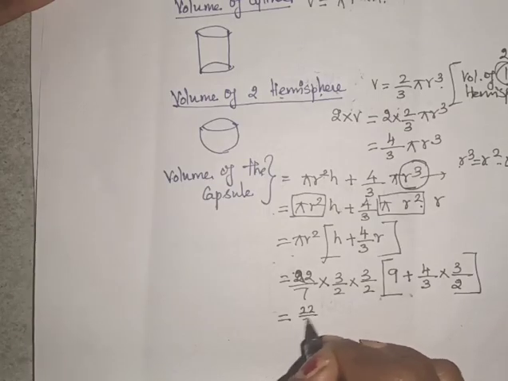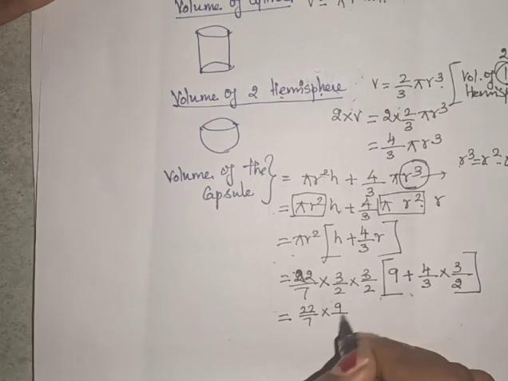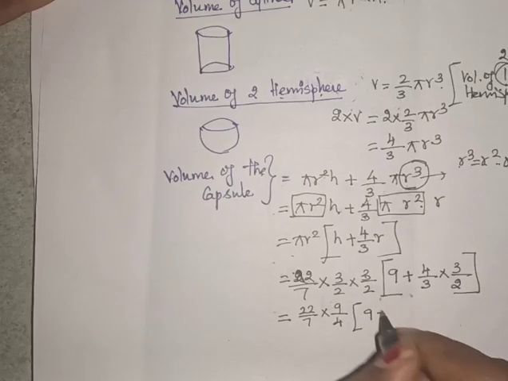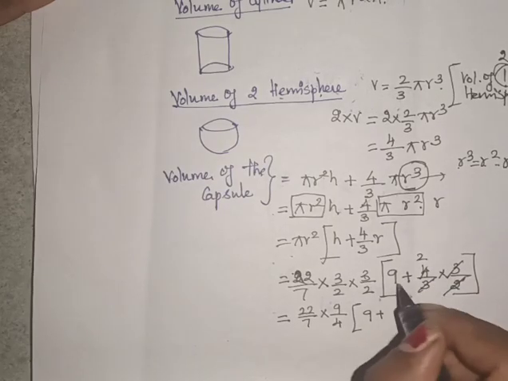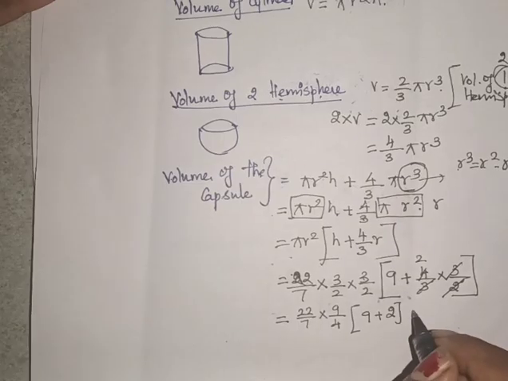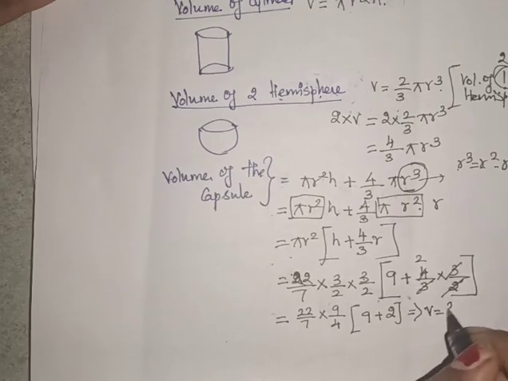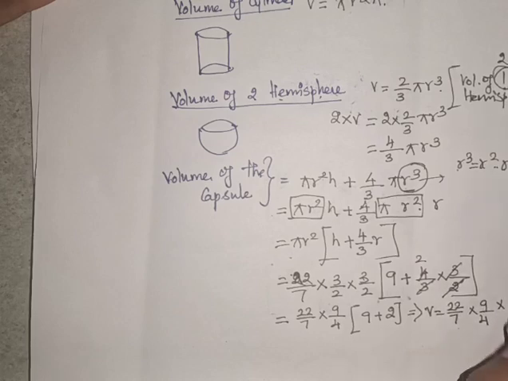22 divided by 7 into 9 by 4 into 9 plus 3 get cancelled. In 2 table, it is 2 times 9 plus 2. V is equal to 22 divided by 7 into 9 into 4 into 11, 9 plus 2, 11.